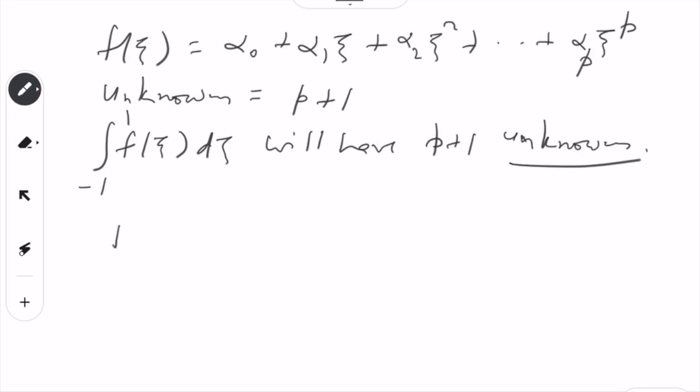Okay, so what I mean to say is, the integral equals the summation of Wi times f(xi), where i equals 1 to NGP.